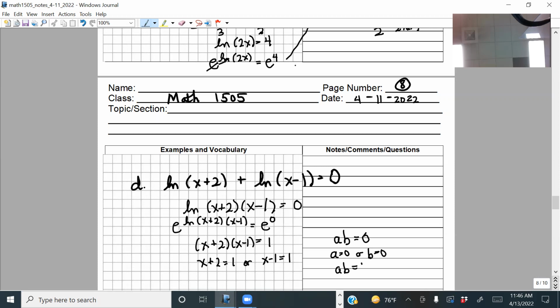We have a times b is equal to 1. Can you think of two numbers multiplied together to give you 1, neither one of which is 1? See, here I'm saying if two numbers multiplied together give me 0, one of them's got to be 0. But it's not the case that if two numbers multiplied together give you 1, one of the numbers has to be 1. Can you think of an example where that wouldn't be the case? I multiply two numbers together, I get 1, but neither of the numbers is 1.